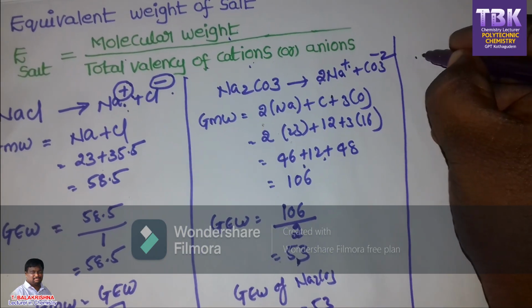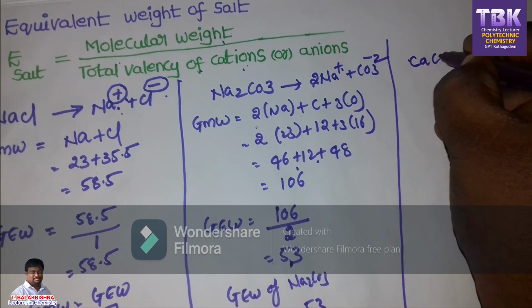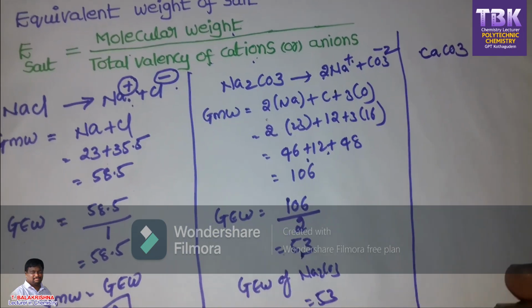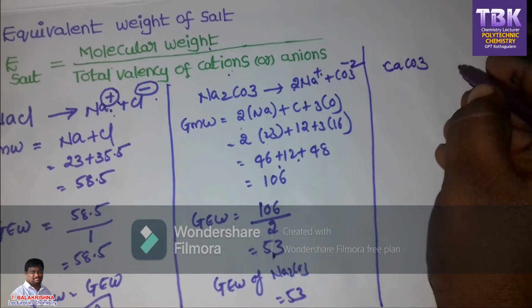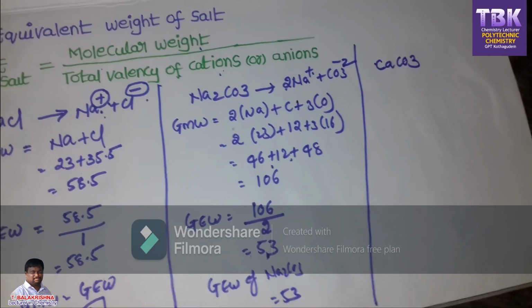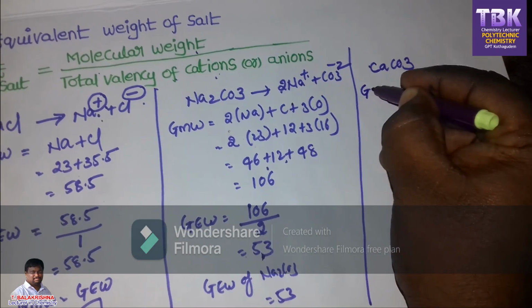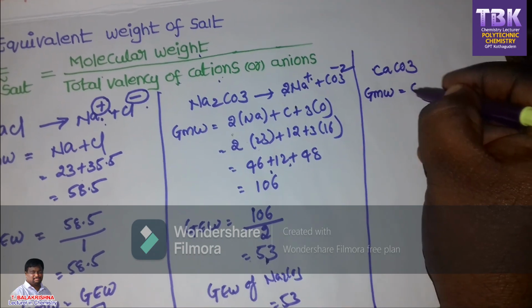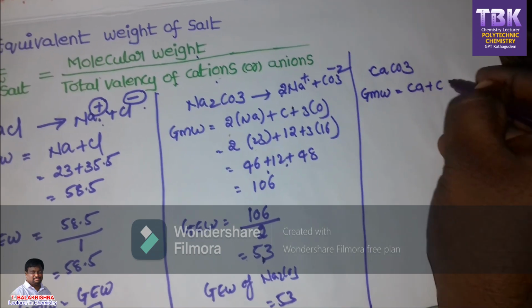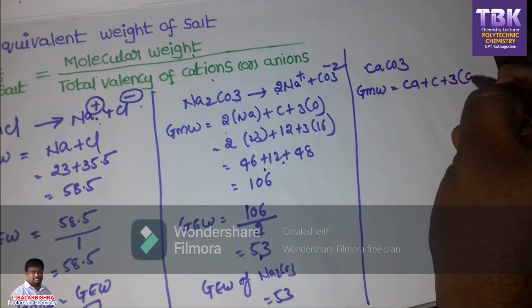calcium carbonate, CaCO3. Before calculating the equivalent weight, first we find the gram molecular weight. It contains 1 calcium, carbon, plus 3 oxygens.